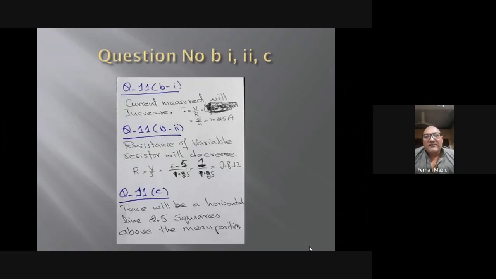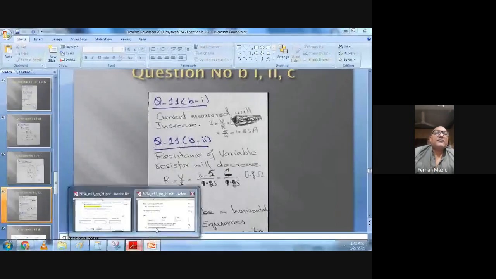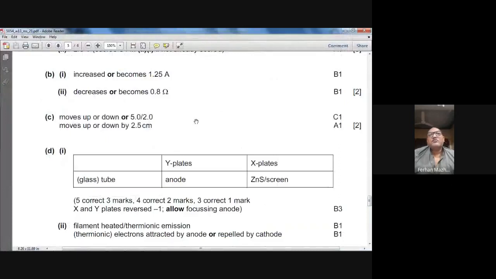It can be either above the mean position, or it might be 2.5 squares or divisions below the mean position. Let us check the marking scheme. It says moves up or down, or 5 divided by 2, or it moves up or down by 2.5 centimeter. Either it will be above the mean position, a horizontal line, or below the mean position.